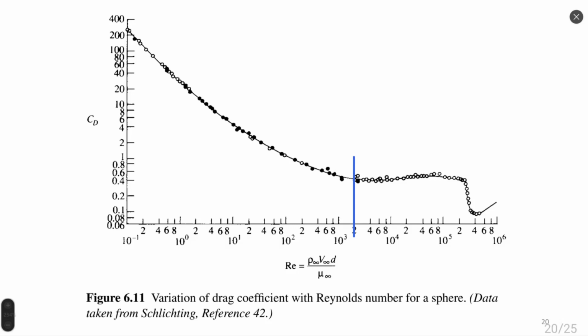And then at high Reynolds number, drag coefficient becomes more or less constant, and this is a characteristic of turbulent flow. At turbulent flow, drag coefficient stays approximately constant.